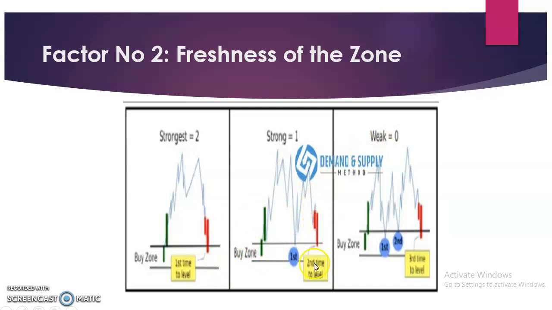Now, look at this again. Look at this, the next one. Here, price actually moved strongly to the upside in this particular case. And your demand zone is actually that candle before the big move started.